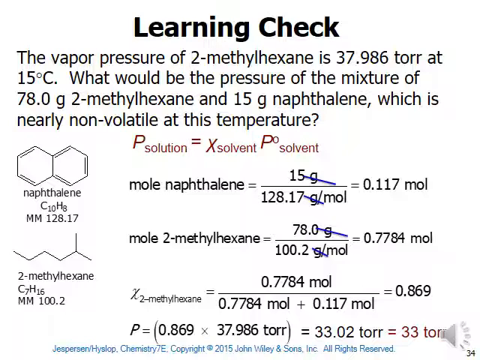You don't have to know that, but 37.986 is roughly 1/20th of atmospheric pressure.